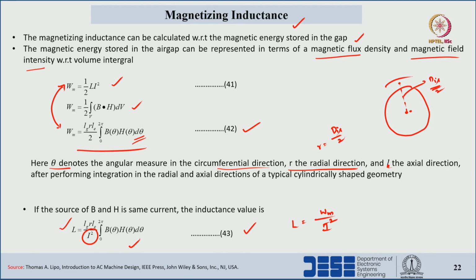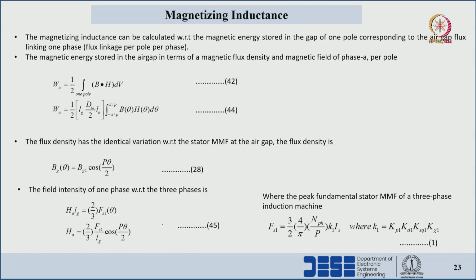inductance term, magnetizing inductance. So, first we should calculate the magnetic flux density and magnetic field intensity, B and H values, and then we will do the integration.